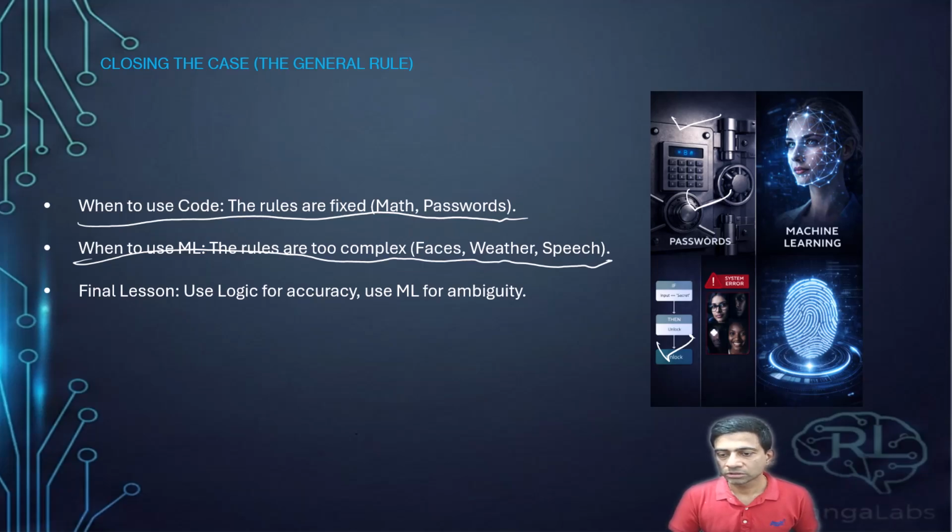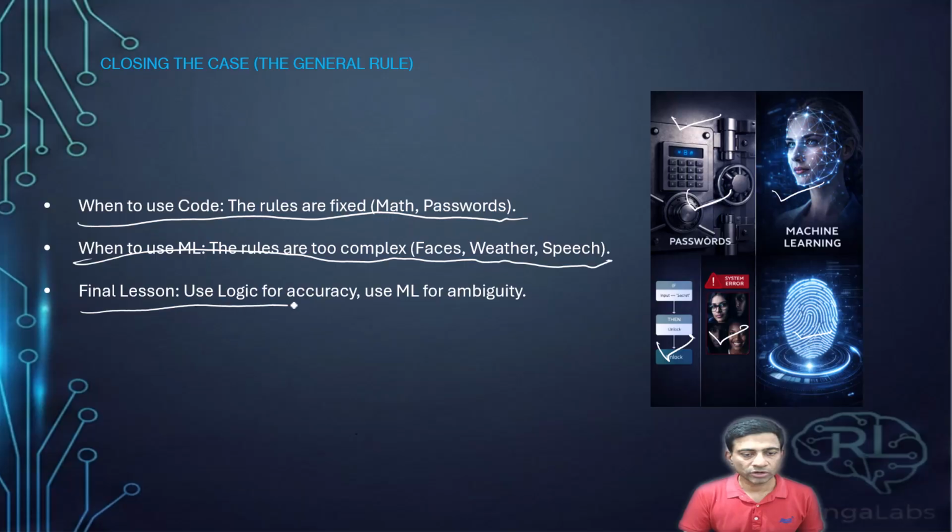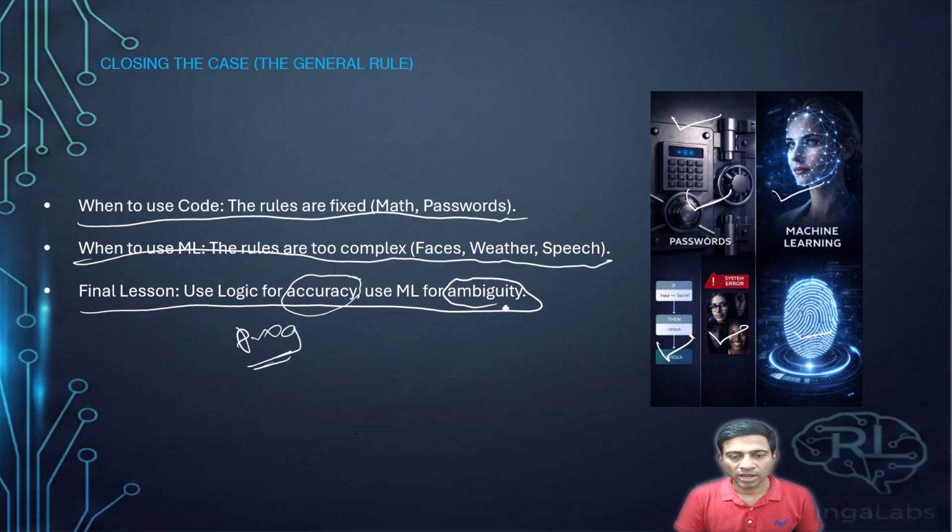So here it is machine learning, here it is machine learning, here it is machine learning. Okay. Final lesson: use logic for accuracy and use ML for ambiguity. If you have an accurate logic, then you use programming. But if you have ambiguity, then you use machine learning.